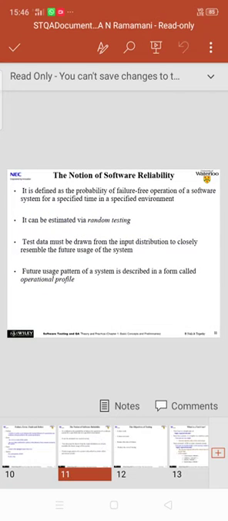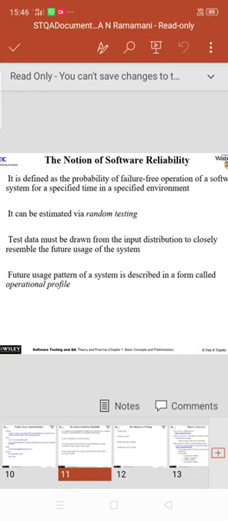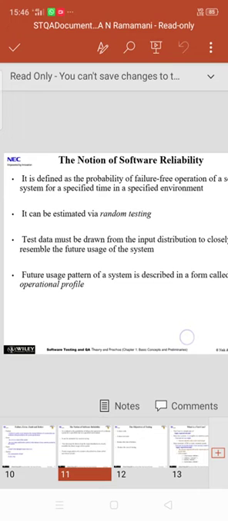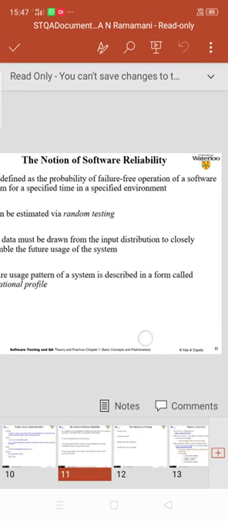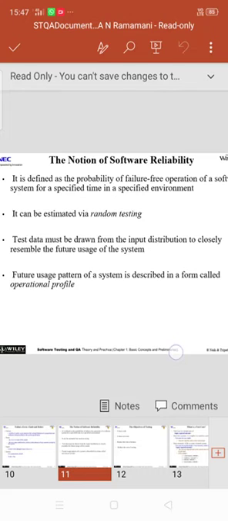Okay, next one, the notion of software reliability. We know that reliability is a performance measure or quality factor. It is defined as the probability of failure-free operation of a software system for a specified time in a specified environment.